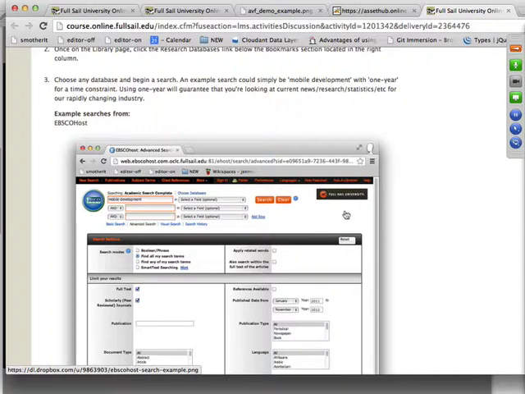And I really want you to remember this, the library system that we have, because as the months go on, this is free. This is already part of your experience here at Full Sail. When you leave Full Sail, you cannot get into these research databases unless you pay fees.